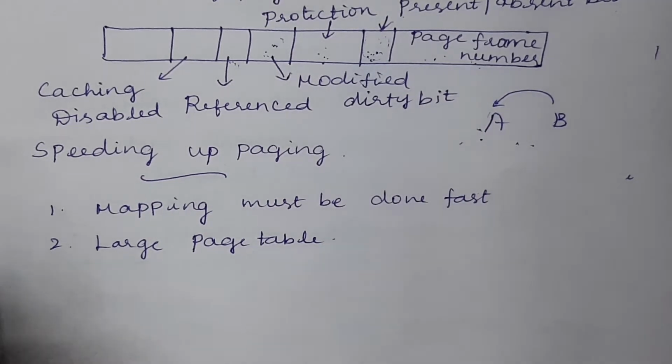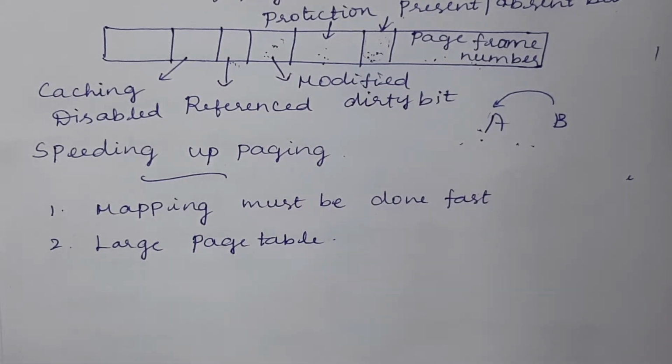Referring to the page table takes about 0.2 nanoseconds to complete its execution. So if it is a very simple instruction, going through the page table just to execute the instruction takes more time in some cases.